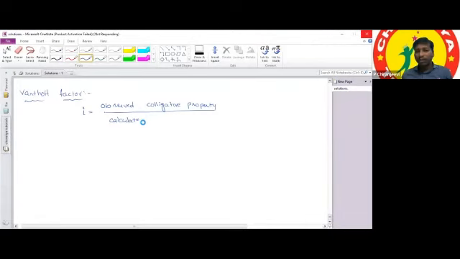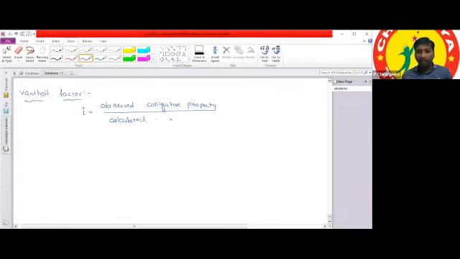Can we give any other definition? We can also write this as the normal molar mass by the calculated molar mass.